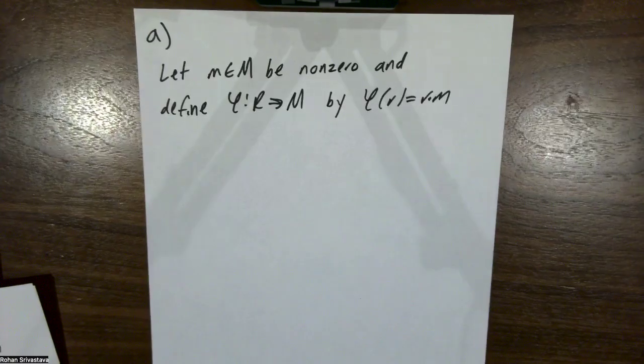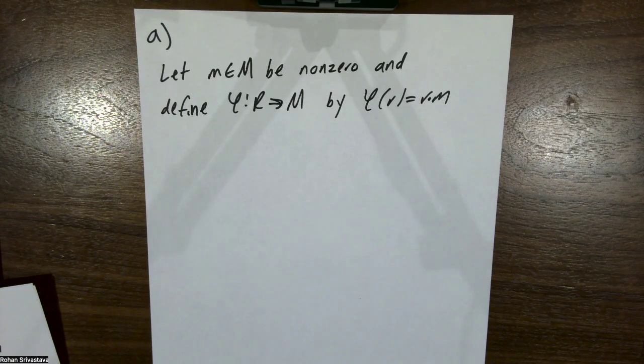So we're going to view R as a left R-module over itself, and we're going to define this map phi using some non-zero element of M. And we're going to claim that this phi is an R-module homomorphism.